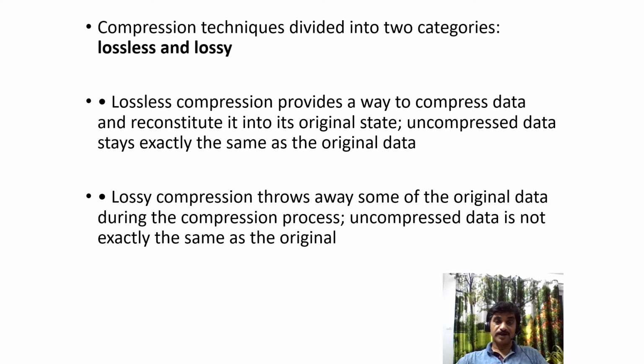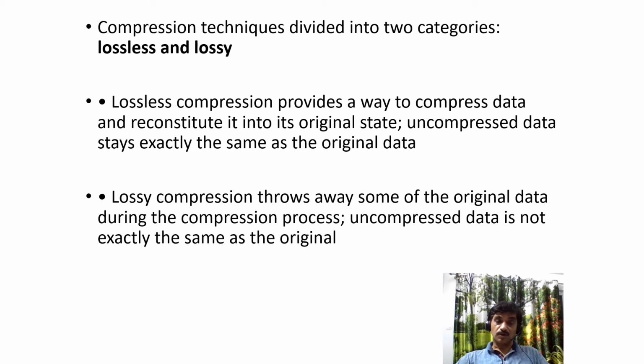Compression techniques are divided into mainly two categories. One is lossless and one is lossy. Very simple words these are. Lossless compression provides a way to compress data and reconstitute or retrieve it into its original state.